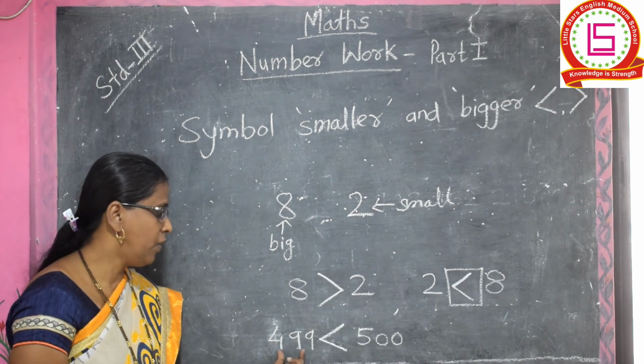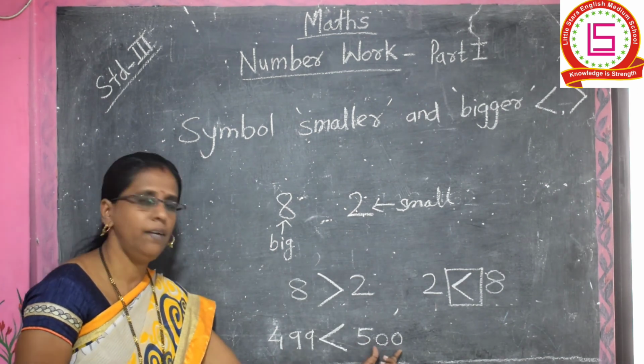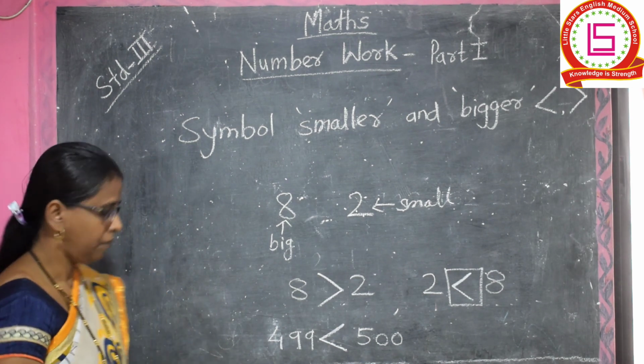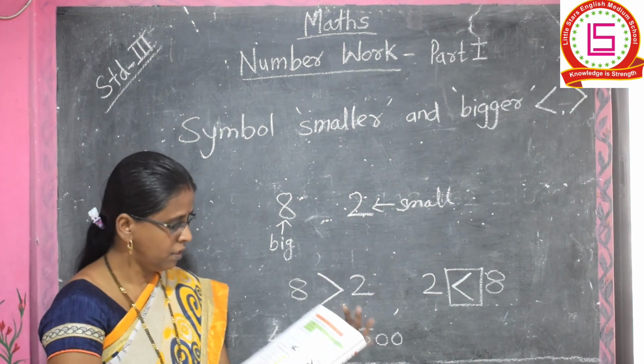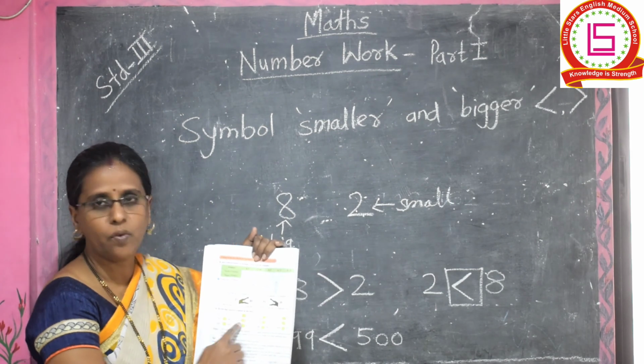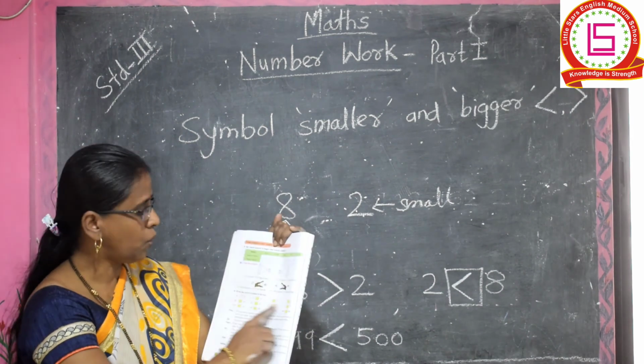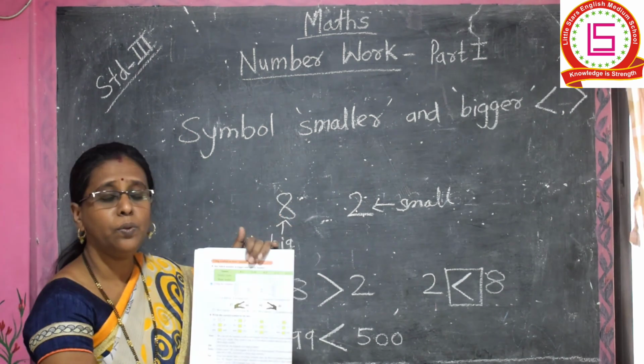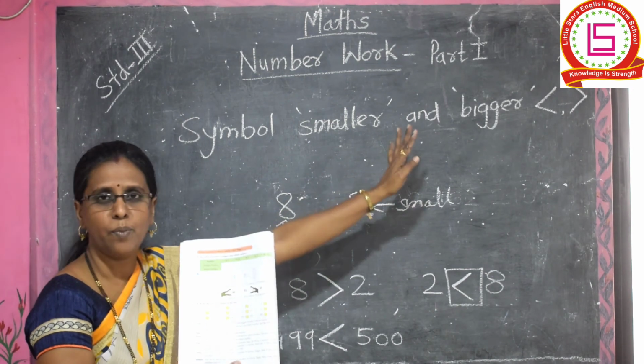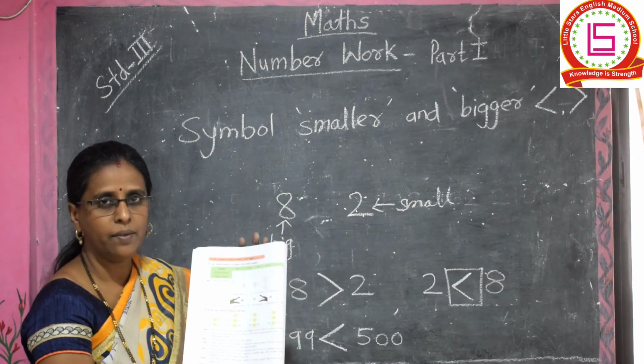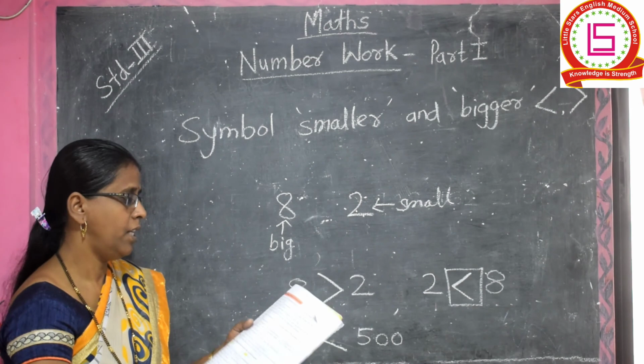Okay, 499 is smaller than 500. Like this you solve all these questions. Okay, some questions are given here. You write only the symbol, use this symbol and write here. Okay, it's very simple.